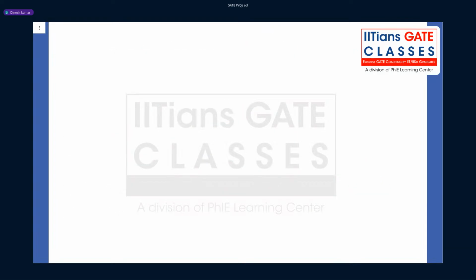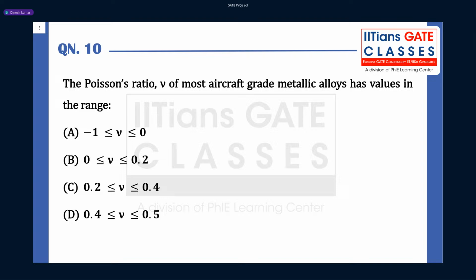Let's read the next question. The Poisson's ratio nu of most aircraft grade metallic alloys has values in the range.